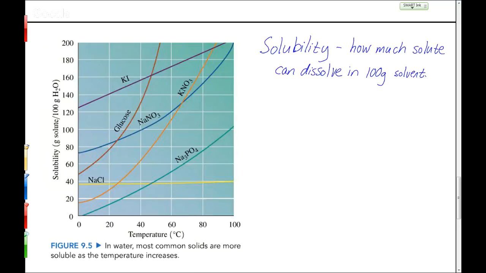So how much can you actually put in there before it just stops dissolving and falls to the bottom of your container? If you have the maximum amount of solute in a solvent, anybody know what that's called? A solution that has the maximum amount of solute in it? Saturation. Yeah, it's called saturated.